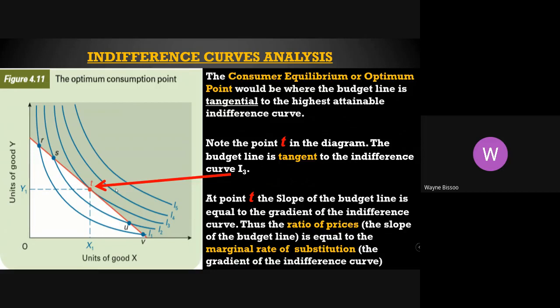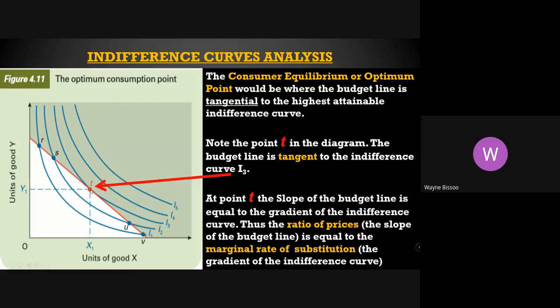Now, what's happening at that point? So at the point T, the slope of the budget line, this slope here, is equal to the gradient of the indifference curve at that point there.